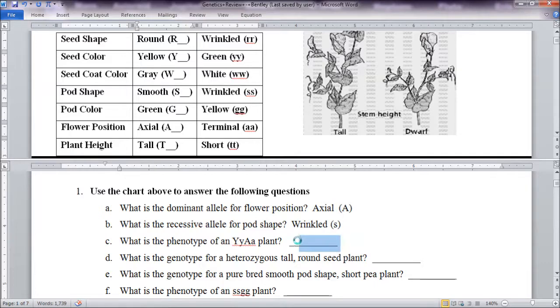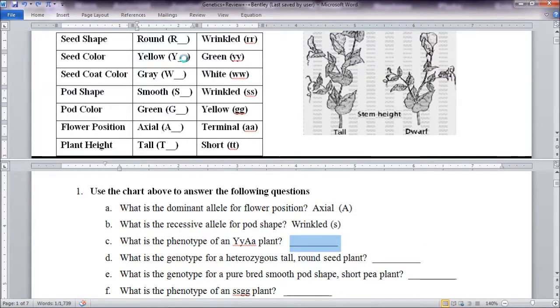The phenotype of a capital Y, lowercase y, capital A, lowercase a plant. Phenotype, if you don't know, is the physical type of something, and that's how I just remember it, ph.